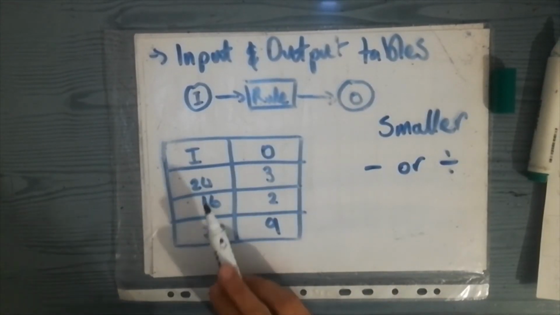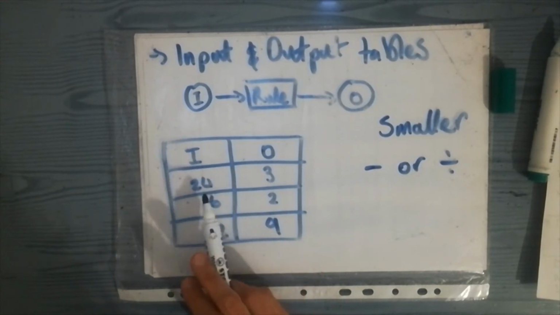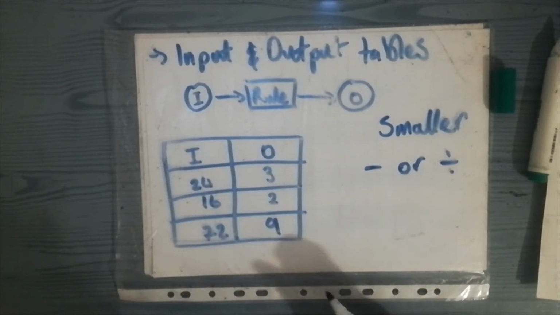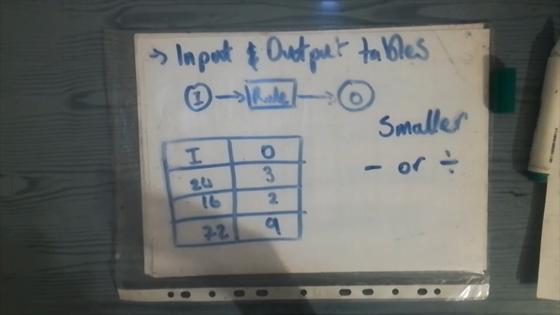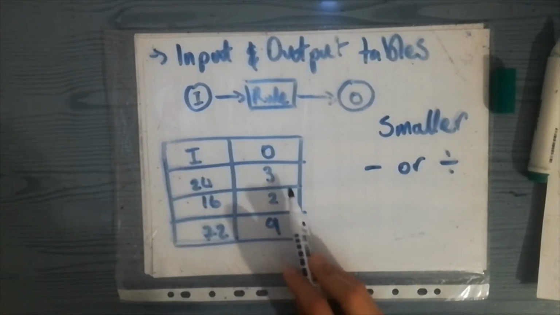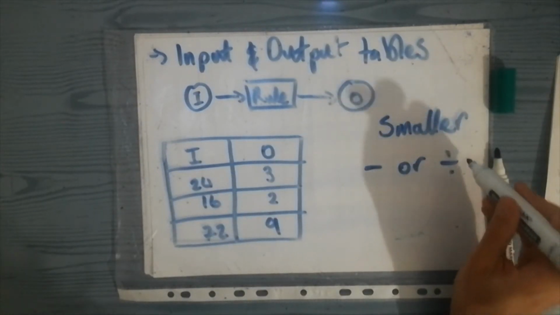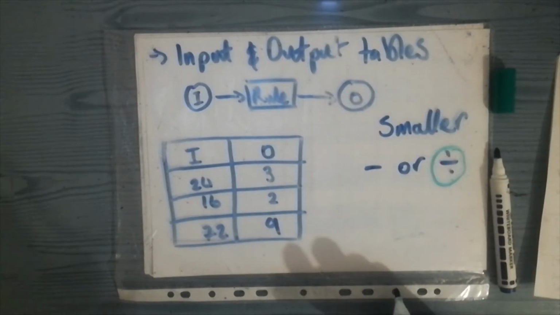Now, is there a jump between the two numbers or are they going down gradually? What do you think? I am seeing a jump, like 24 down to 3, 16 down to 2. So definitely, it should be a division.